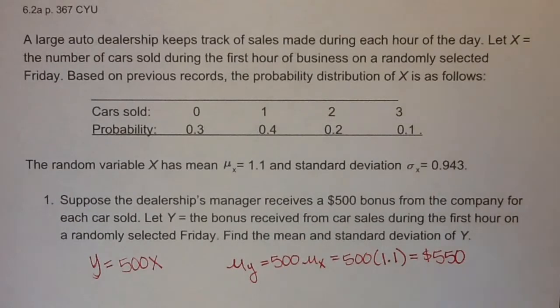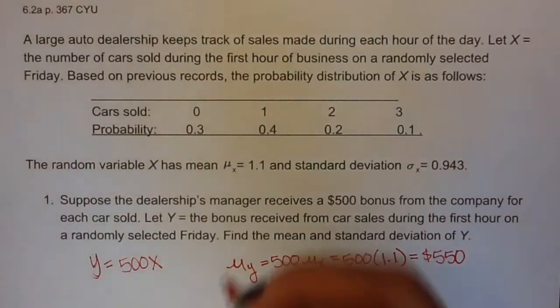Then to find the standard deviation, looking at the second bullet on page 366, it says it multiplies measures of spread. So if we multiply by a positive number, we're also going to multiply the measure of spread.